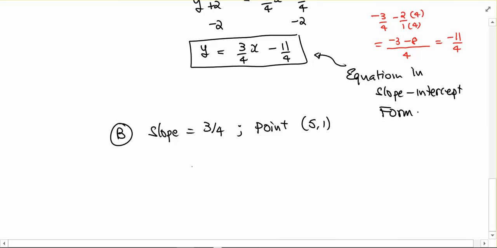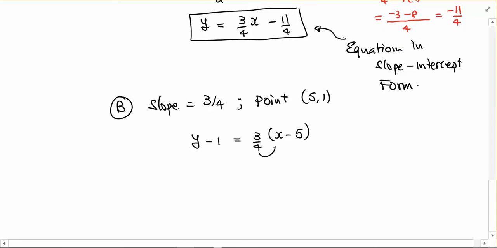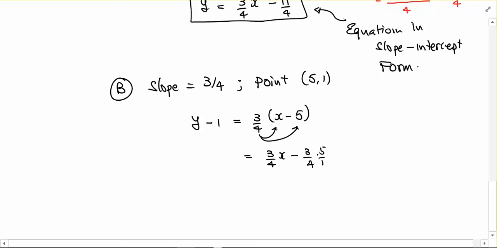So again, I'm using the point slope formula. y minus 1 equals 3/4 x minus 5. And so let's distribute. So that's 3/4 x minus 3/4 times 5, which is going to be 3/4 x minus 15/4.